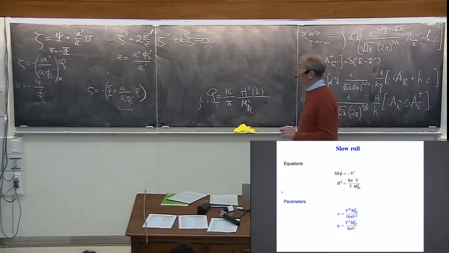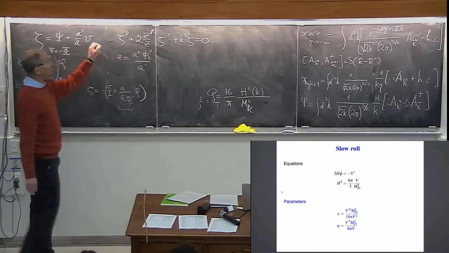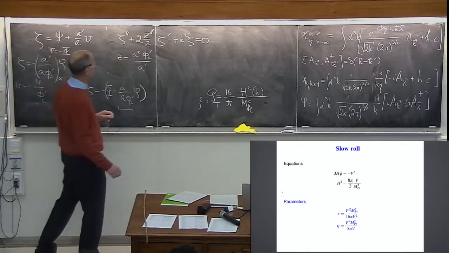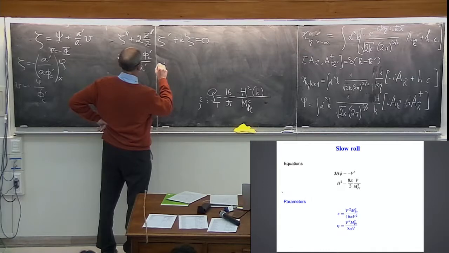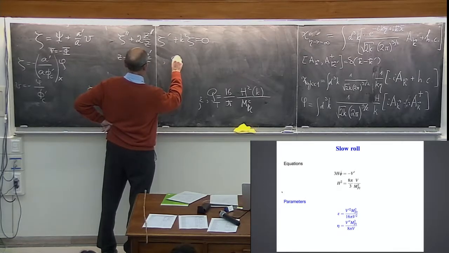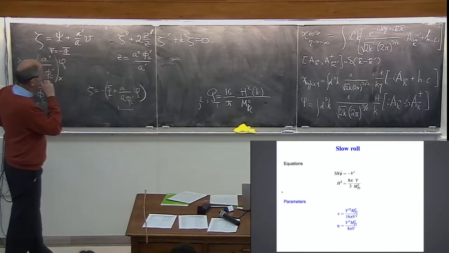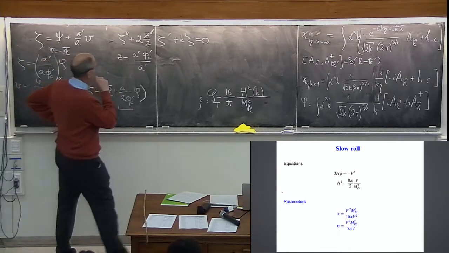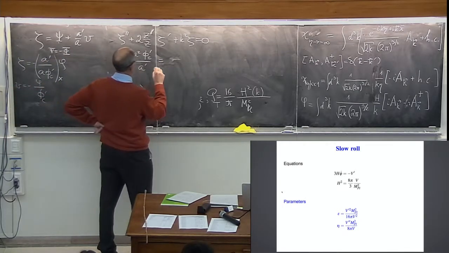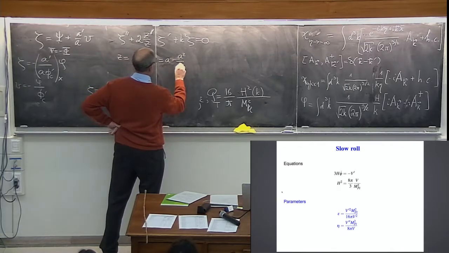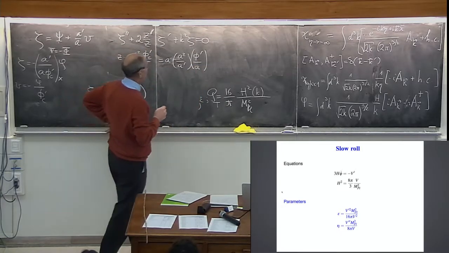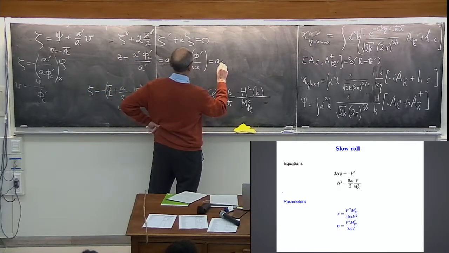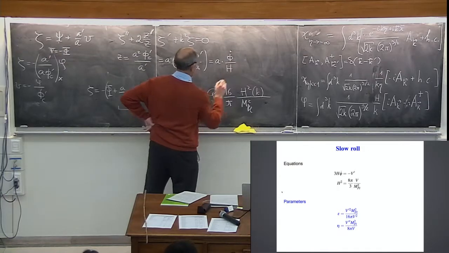Good. Now, in our case, in the case of slow roll, you understand that this expression here can be written as A times A squared over A prime, phi prime over A, and this is A times phi dot divided by H, right?